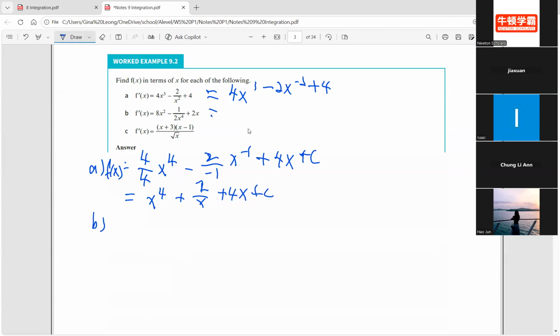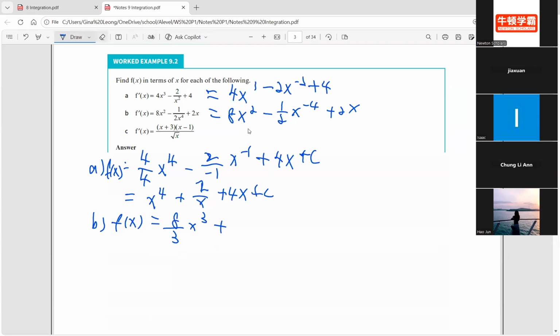So we go for B. Same case with this one. Usually I will change it first. It becomes 8x squared minus 1 over 2 x to the negative 4 plus 2x. Change first so that it is easy to write the answer. This one becomes 8 over 3 x power 3. Then plus this one, minus 4 plus 1.